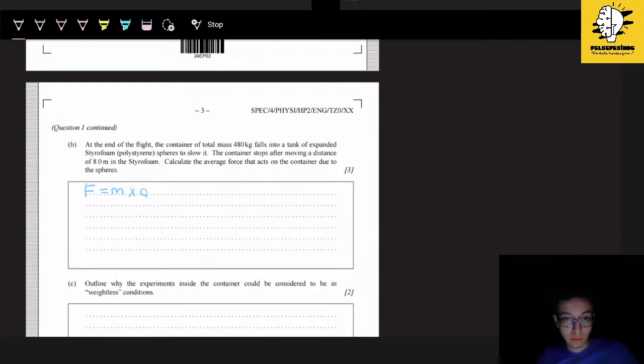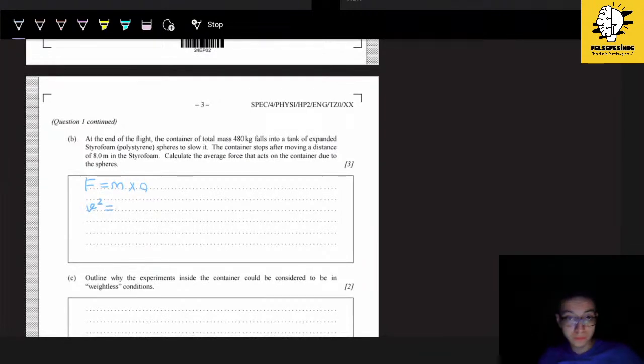So let me just use the data booklet, and we will say v squared will be equal to u squared plus or minus, so we will use the minus 2as, and we know that this has to be equal to 0. And our initial speed was 48, so 48 squared minus 2a, and it will move for 8 meters in the styrofoam, so this is 8. And when we solve for it, we will find that our acceleration will be equal to 144 meters per second squared.